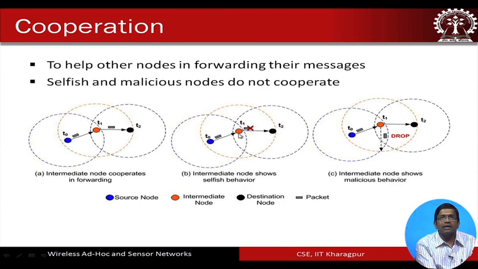This node behaves as a selfish node. Although it receives the message, it will not forward it further. And in this particular case, this node behaves as a malicious node. With malicious intent, on receiving the message, it is going to drop the message without forwarding it further.